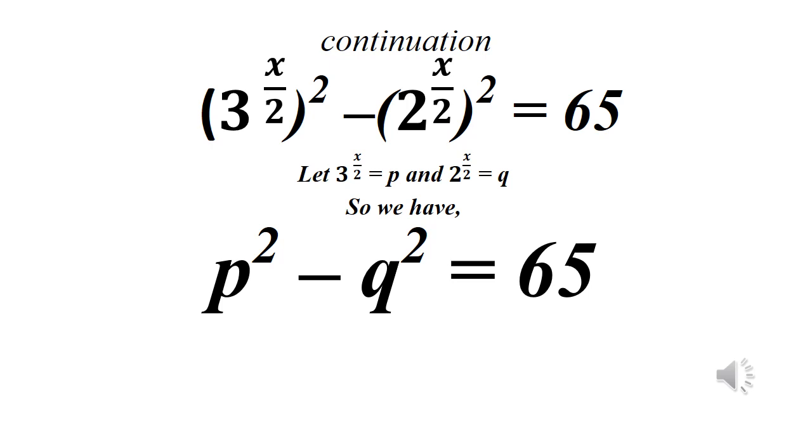So it's the same thing as 3 raised to power x over 2, everything squared, minus 2 raised to power x over 2, everything squared equals 65. So all we just do is to represent our 3 raised to power x over 2 as p and 2 raised to power x over 2 as q. So we have p squared minus q squared equals 65.